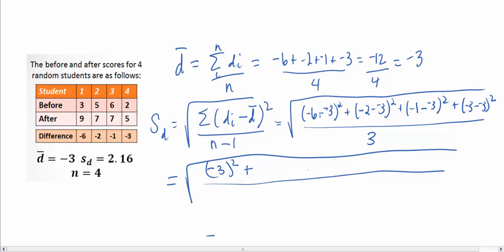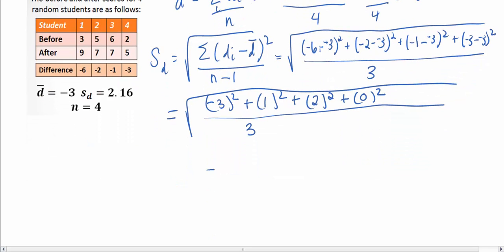The next expression will be -2 minus -3, which will give us a +1 squared, plus -1 minus -3 will give a +2 value, so 2 squared, plus -3 minus -3 is simply just 0 squared. All this again over 3.